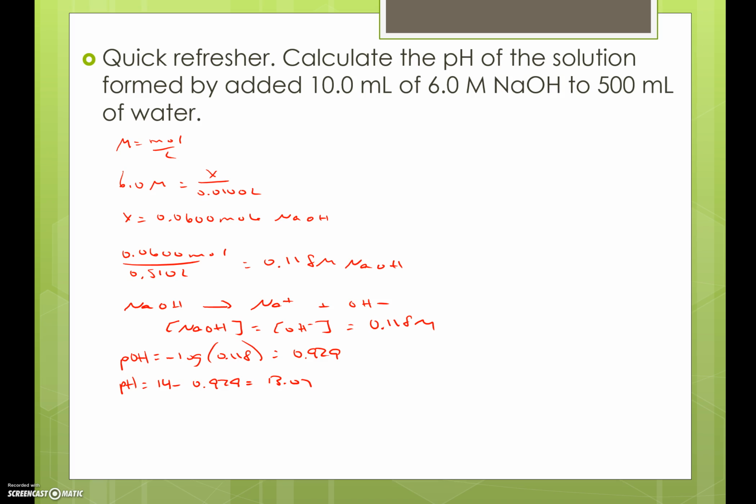Now, sodium hydroxide is a strong base, so we know that the concentration of sodium hydroxide originally will equal the concentration of the hydroxide ions in the solution, so our hydroxide ion concentration will be 0.118 molar. If we take the negative log of that number, that's going to give us our pOH, so we get 0.929, and if we subtract that from 14, that'll give us the pH of the solution, which is 13.07.